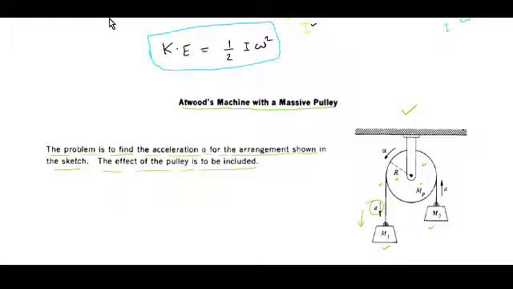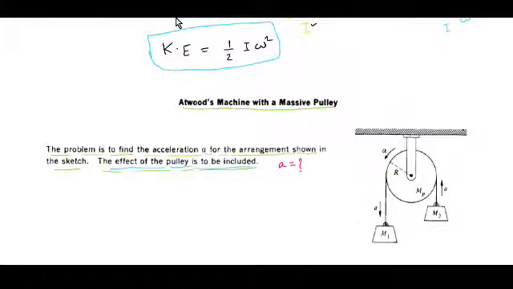The acceleration of m1 is downward, the acceleration of m2 is upward, and there is an angular acceleration alpha. Our aim is to calculate the acceleration A of masses m1 and m2, including the effect of the pulley.